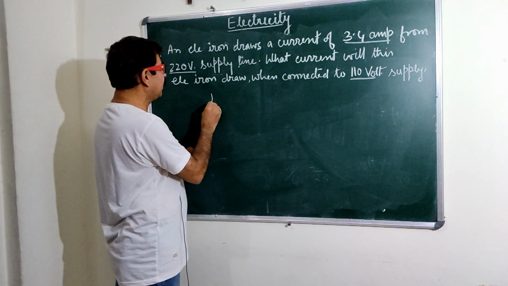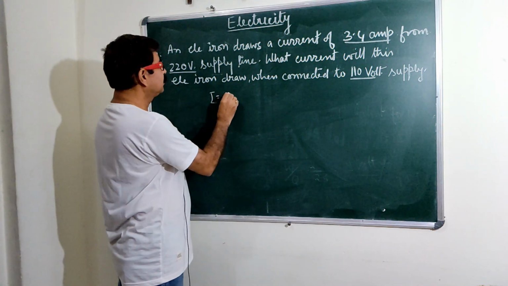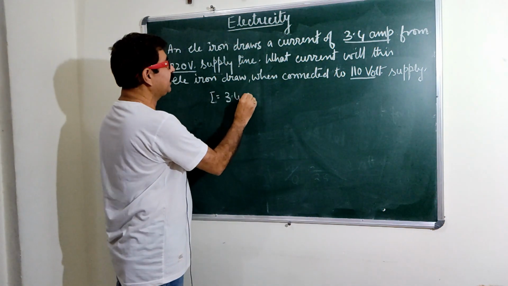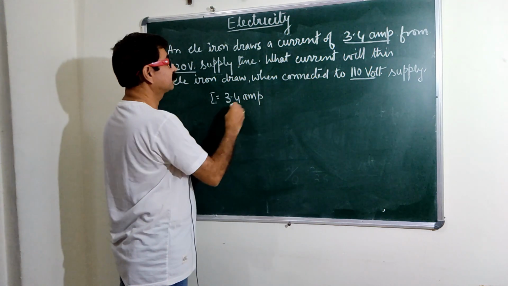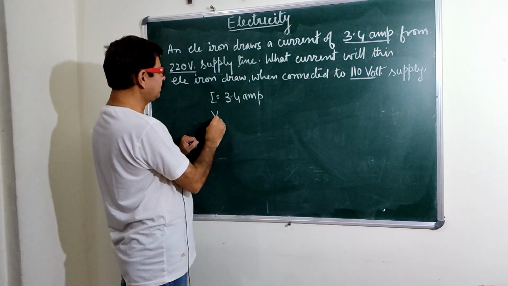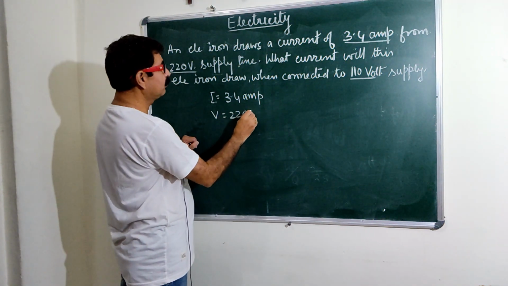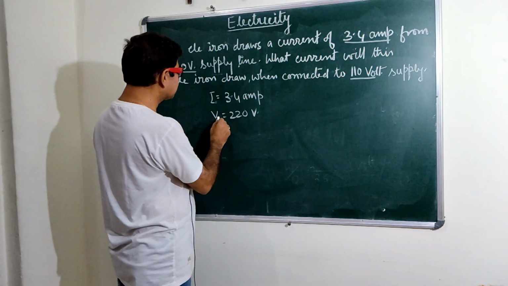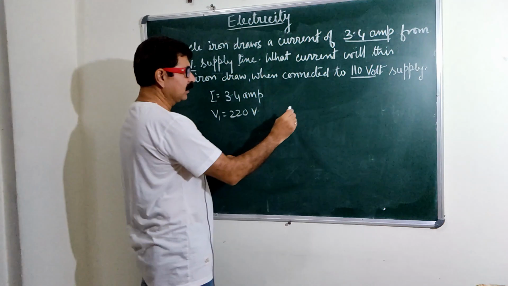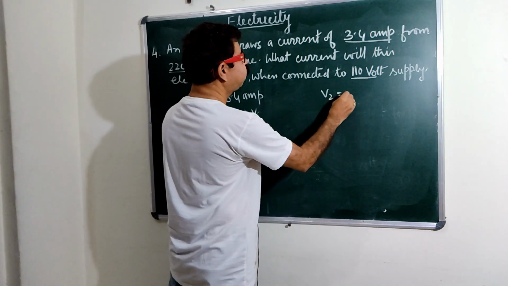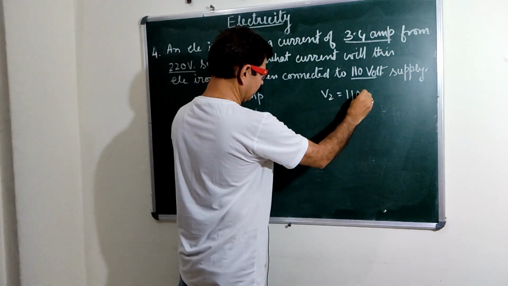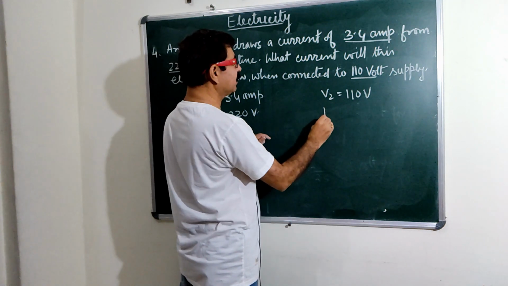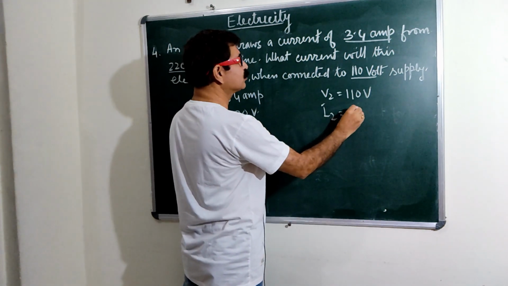I is given as 3.4 amperes. V is given 220 volt. We can say V1. On the other side, V2 is given 110 volt. They are asking I2.